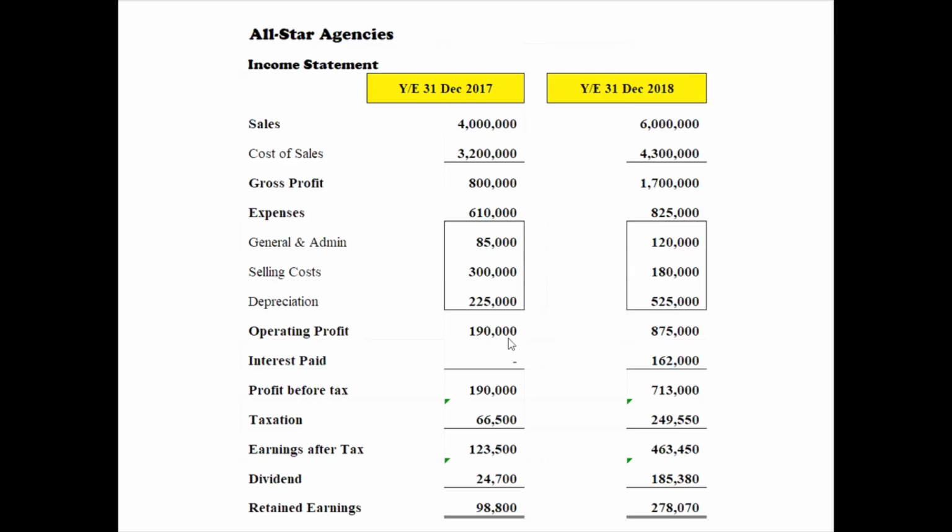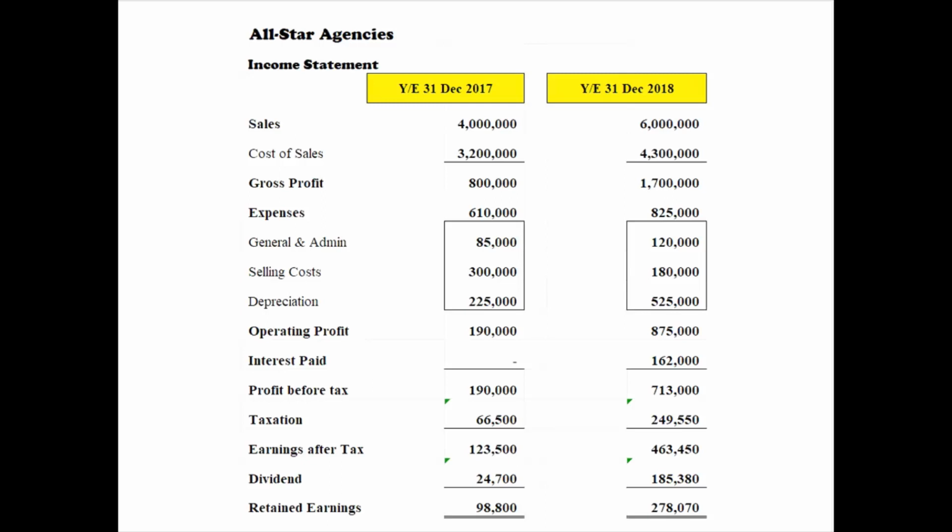They said there's no debt in the business in 2017, so therefore there's no interest expense, so the profit before tax remains unchanged. The tax number was 35% of the profit before tax. So that's 66,500. Subtract that to get an earnings after tax of 123,500.